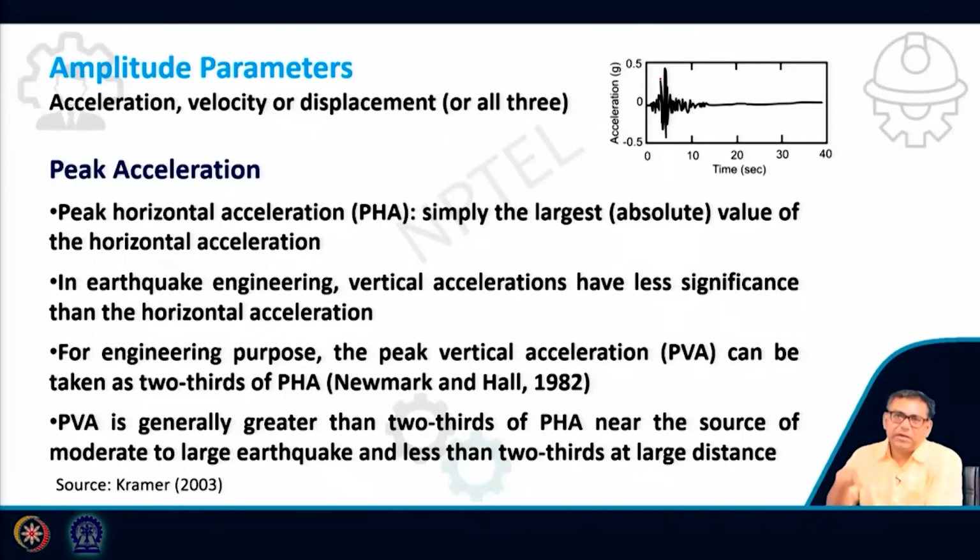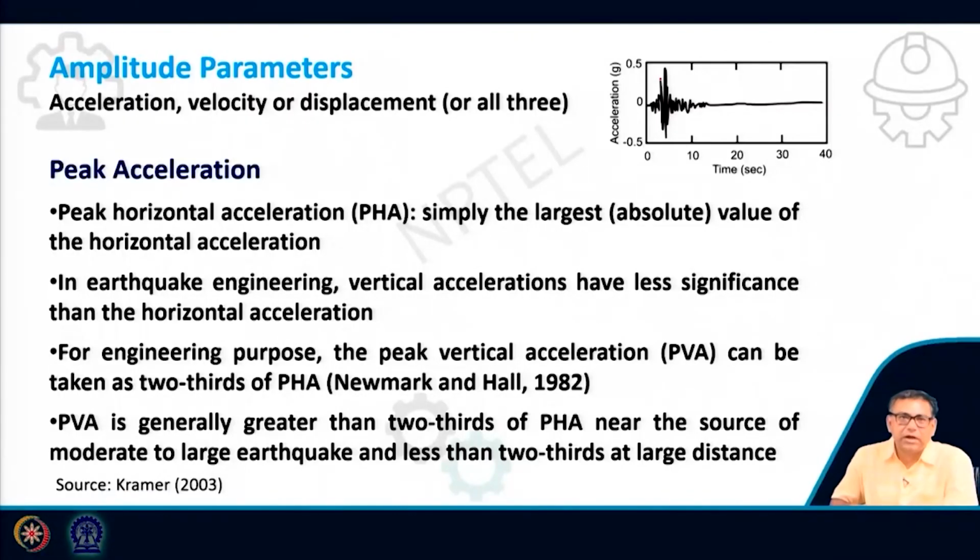Okay, so generally we neglect it, but as I mentioned, not always. And if you want to use the PVA, then you take the 2/3 of PHA. But in addition to that, you use your own judgment about where you are using it. If it is far away from the moderate to large earthquake, then it can be less than 2/3 also.